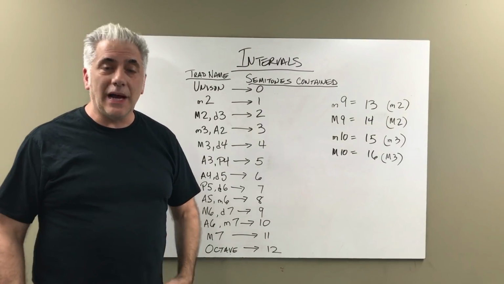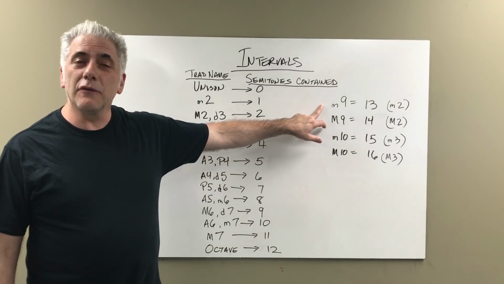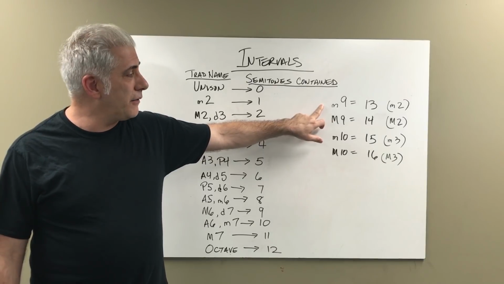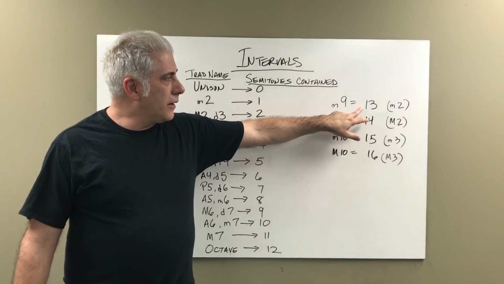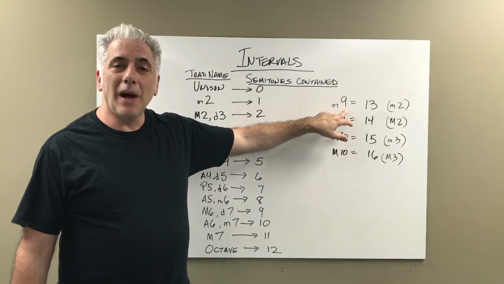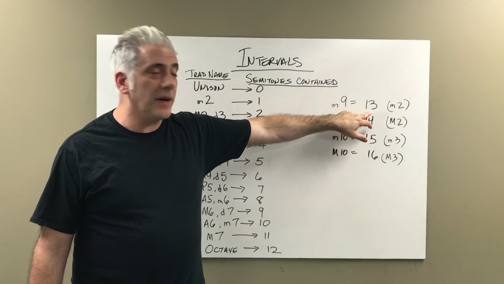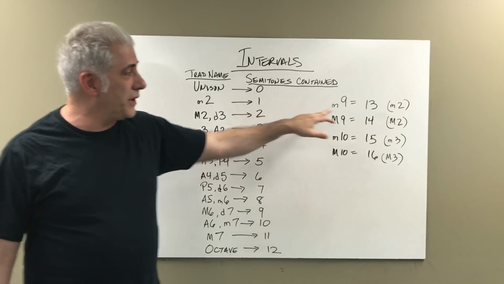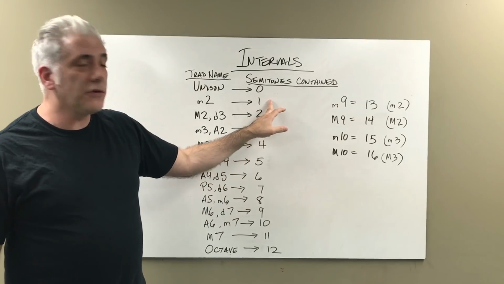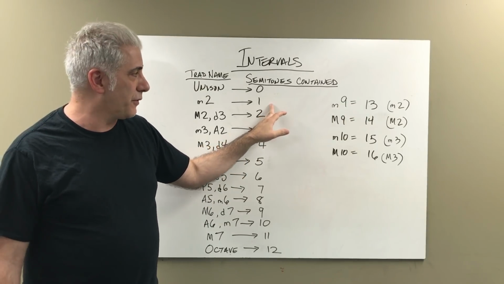When we go beyond the octave, the intervals we typically refer to, the minor 9th, major 9th, minor 10th, and major 10th, are compound intervals. The minor 9th is 13 half steps, or a minor second plus 12. That's where you get the 13. We've taken the integer 1 and added 12 to it, and we get 13 half steps.